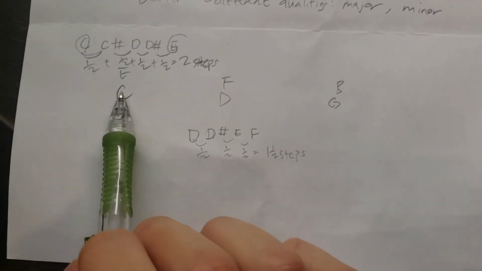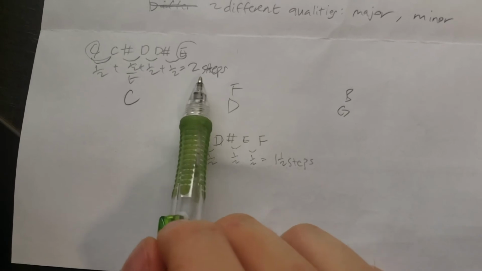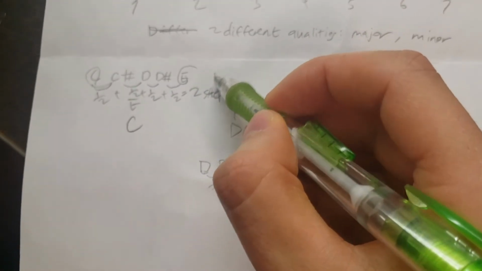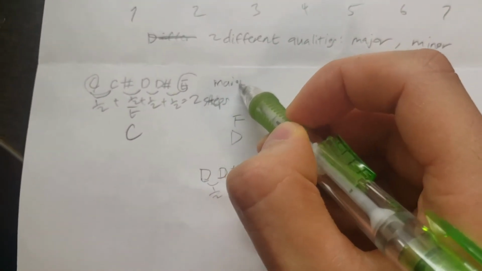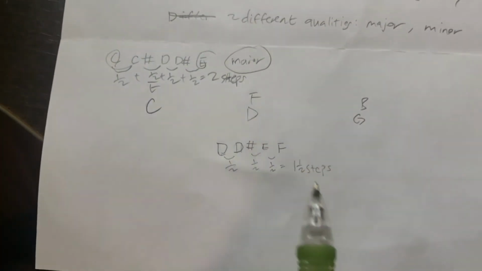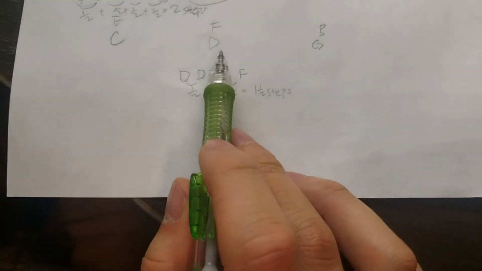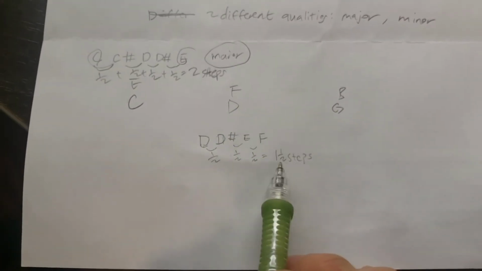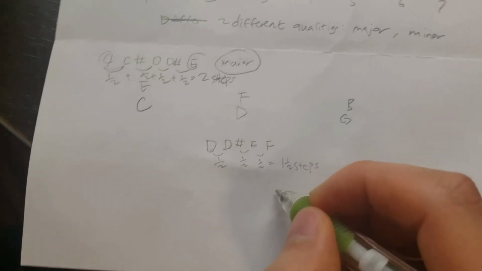If the distance between a third is 2 steps, it's major. If the distance between a third is 1.5 steps, it's minor.